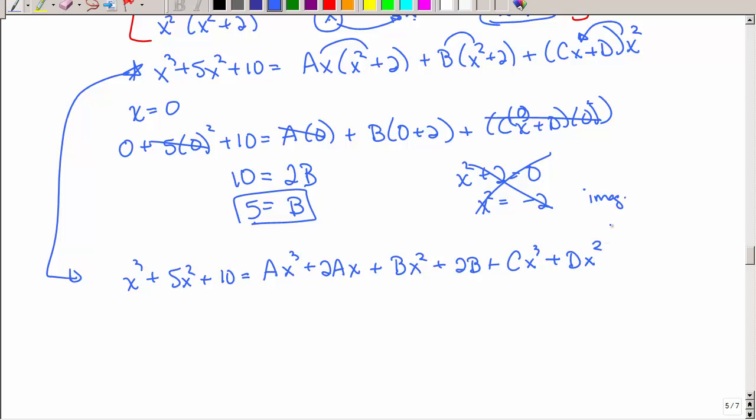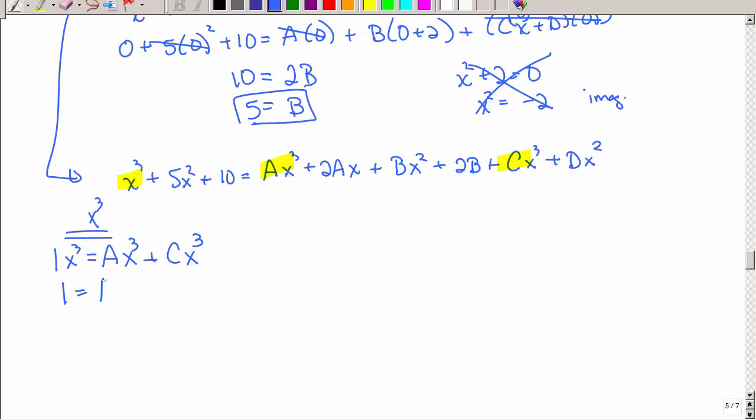So I need A, C, and D. Well, I'm just going to dive in, and I'm going to look at my x cubes. I only have 2 of those. That might be pretty easy. So I have 1x cubed equals Ax cubed plus Cx cubed. So 1 equals A plus C. Well, that's one equation, but it doesn't tell me A or C.